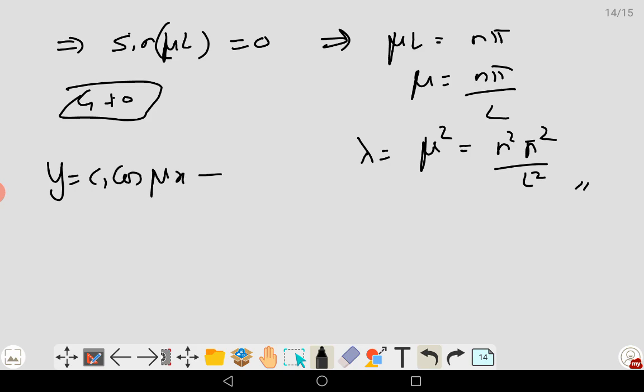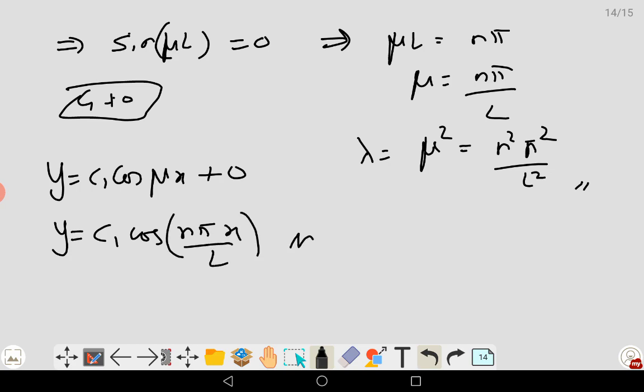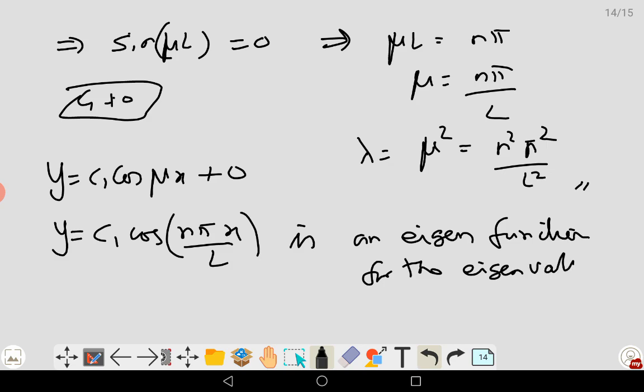So y is C1 cosine mu x plus 0, where y is equal to C1 cosine n pi x over L, is an eigenfunction for the eigenvalues lambda equal to n square pi square over L square.